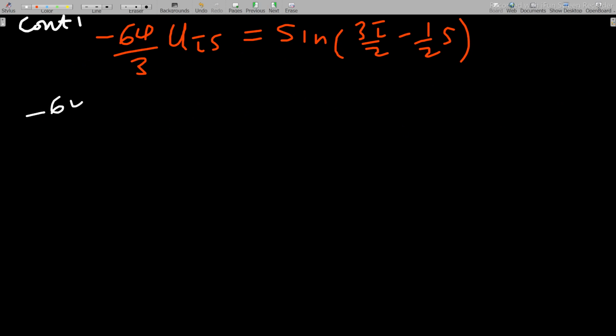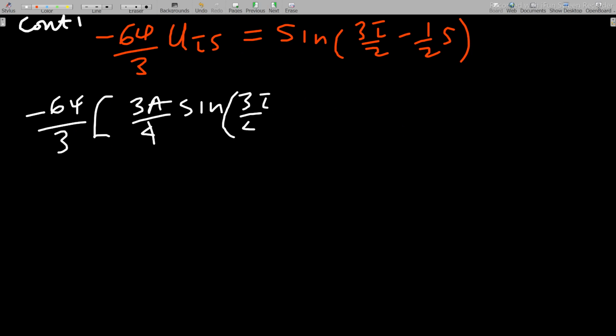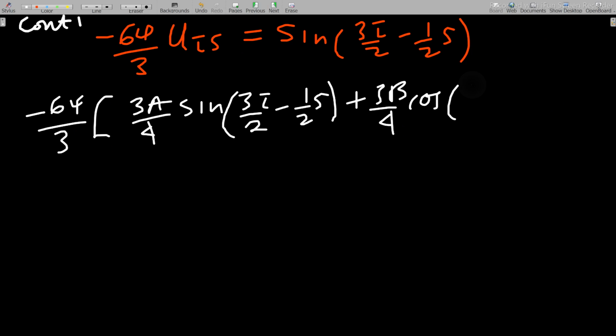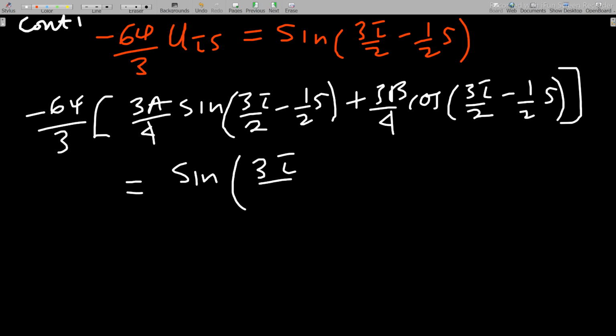So I have negative 64 over 3, u tau s was given as 3a over 4, then sine of 3 tau over 2 minus 1 over 2s, then plus 3b over 4 cos of 3 tau over 2 minus 1 over 2s. All of these should be equal to sine of 3 tau over 2 minus 1 over 2s.